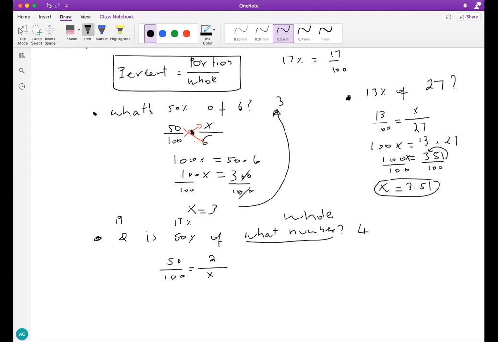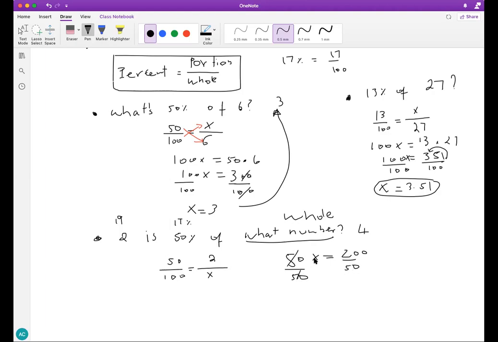The rest is simple. Do the same, then cross multiply. Always start with the multiplication of the x first. So 50x equals what? 200. That's right. 50x equals 100 times 2, 200. What do you do next? Divide 200 by 50 on both sides.